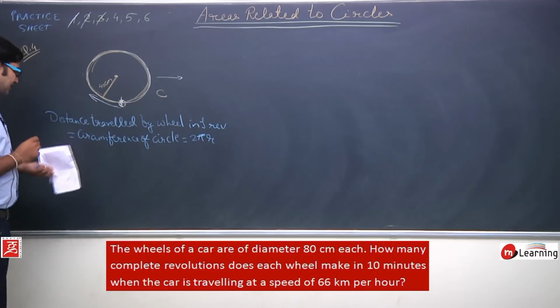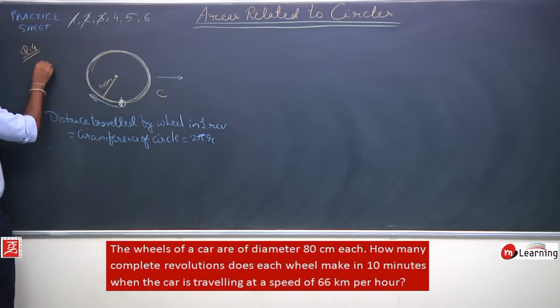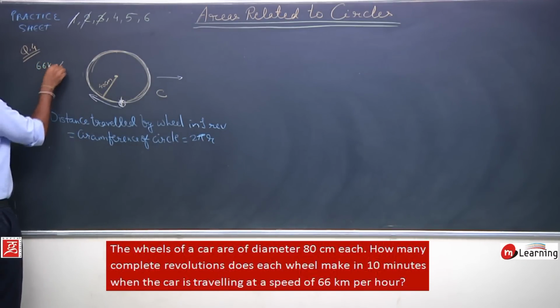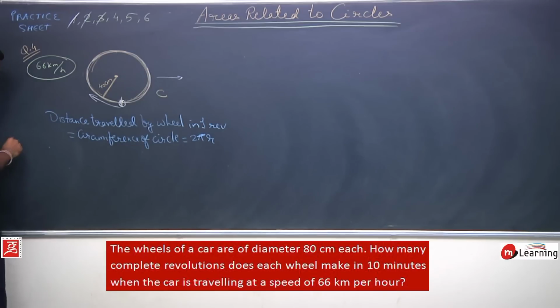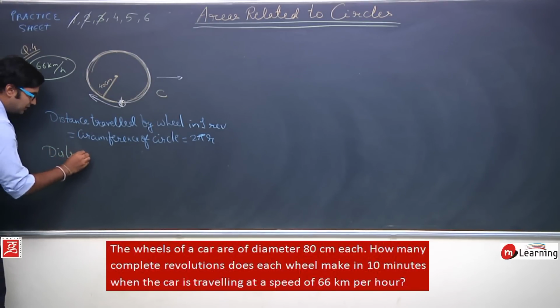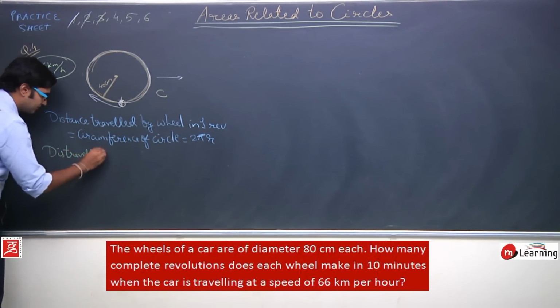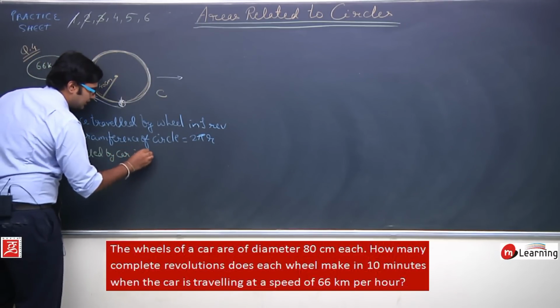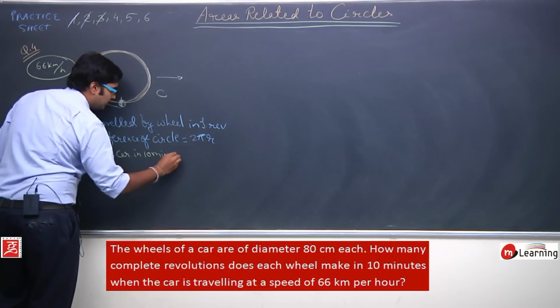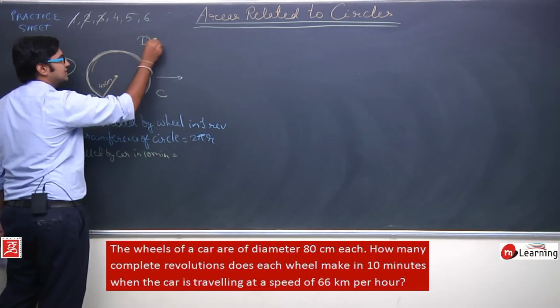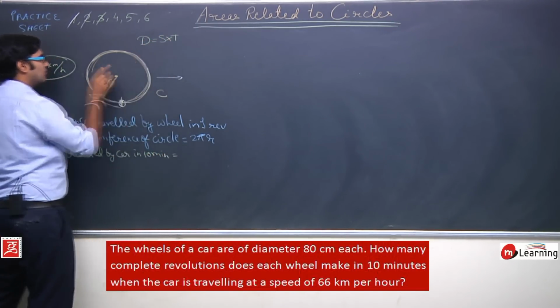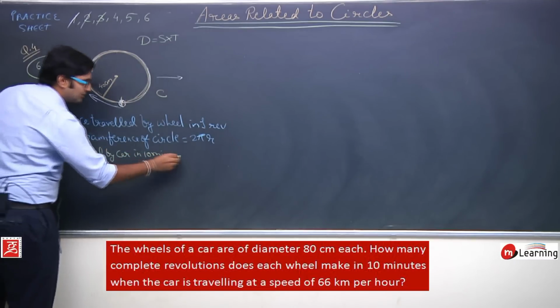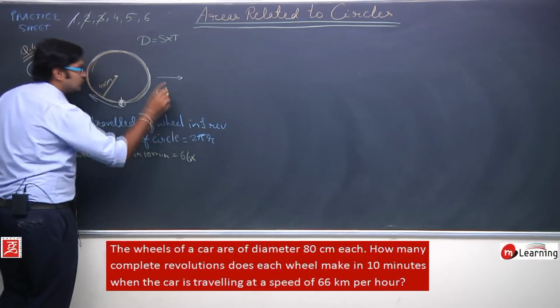Now it says that the car is moving at a speed of 66 kilometers per hour. This is the speed of the car. Distance travelled by the car in 10 minutes will be equal to, we know that distance is equal to speed into time. Speed is 66 kilometers per hour, into time.